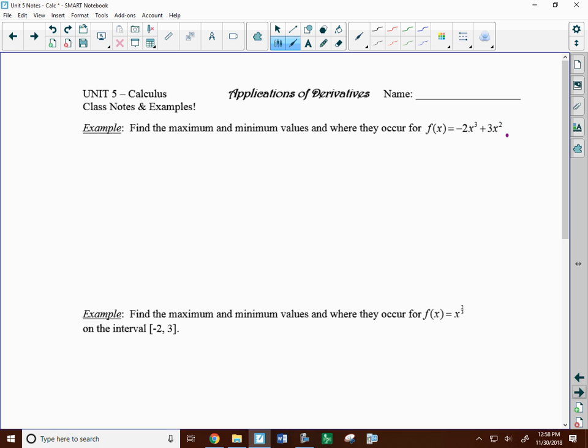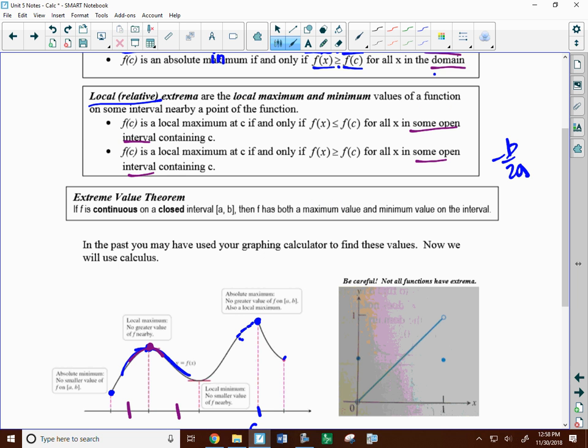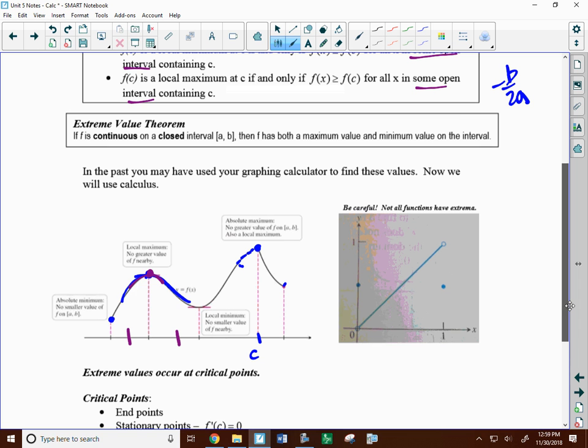Other times it will say find the max and min, the extrema, on a closed interval, -2, 3. So what this theorem says, let me go back, the extreme value theorem: if you have a continuous function and you're on a closed interval, like that second one, AB, it is guaranteed you have both a max and a min.